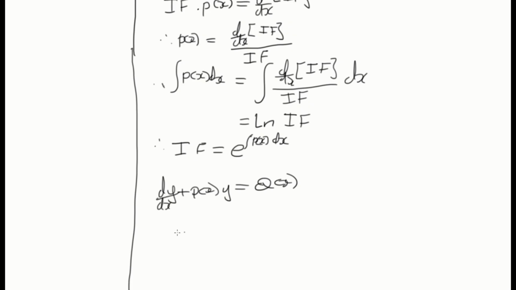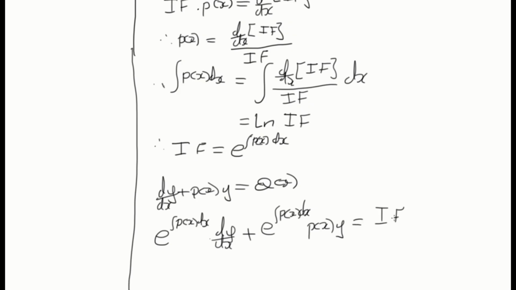Sorry, this is over x. So integrating factor e raised to the integral of p of x dx times dy over dx, plus e raised to the integral of p of x dx times p of x y, is equal to the integrating factor times q of x, right?